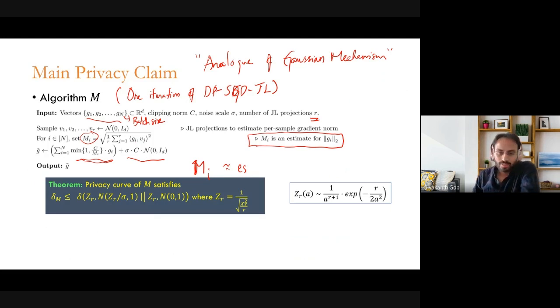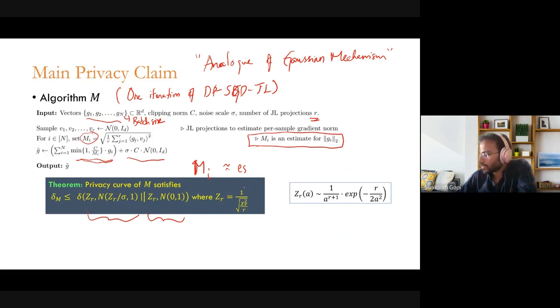So this is the main privacy theorem, where we show that the privacy of this algorithm is upper bounded by the privacy curve where you want to distinguish between these two random variables. Think of ZR as some random variable.